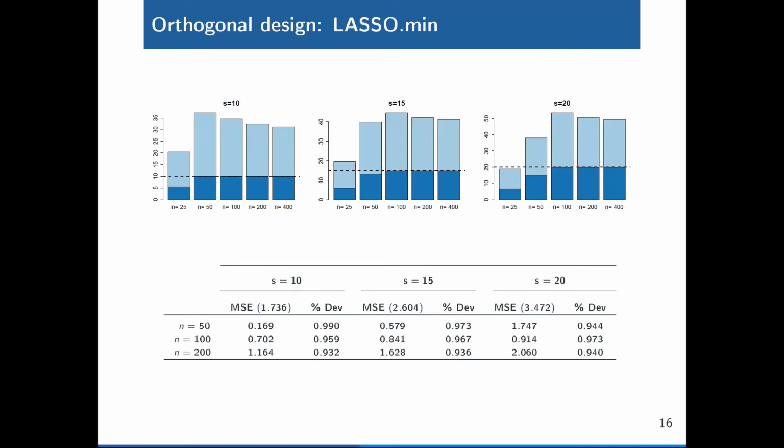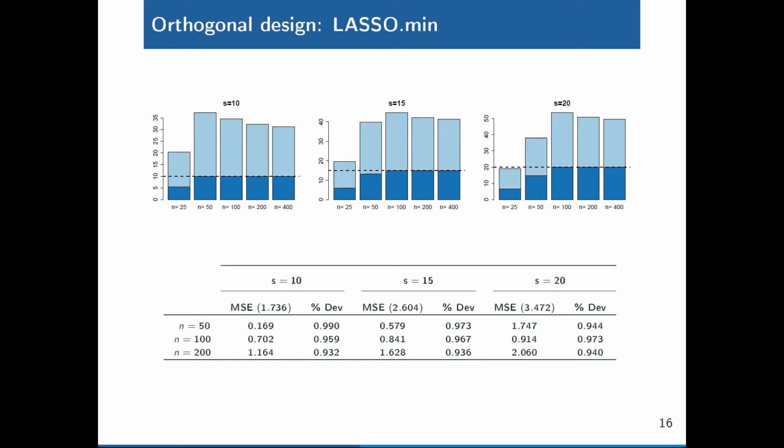Next, I am going to show a brief summary of the simulation results. The dark blue areas are the relevant covariates selected by the algorithm. The soft blue areas are noisy covariates selected by it. And in the table, there is a summary of the mean square error and the percentage of deviance estimated by this model.